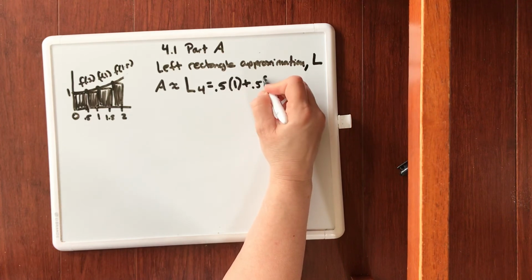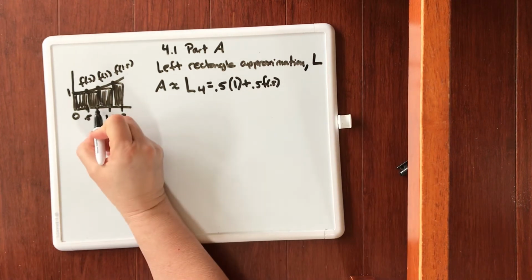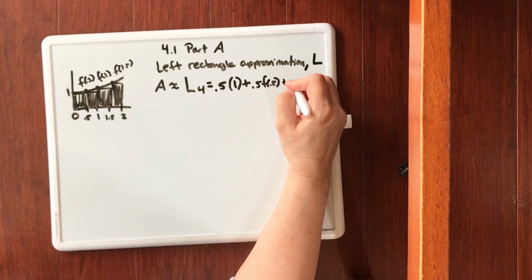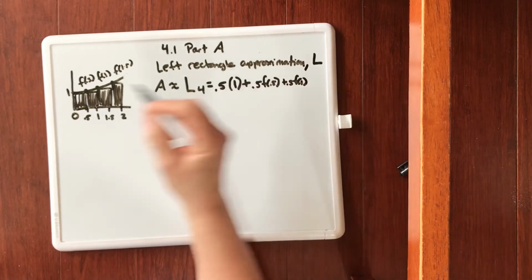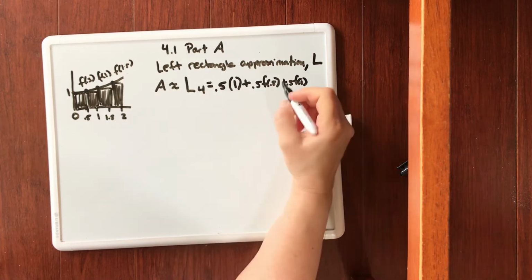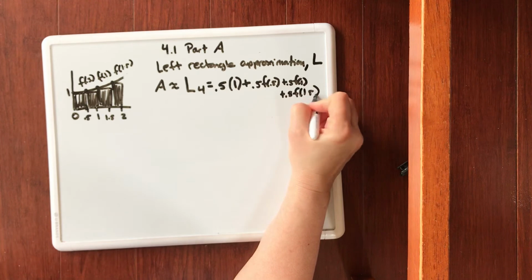Then we do 0.5 again times f of 1. And then our last piece, 0.5 times f of 1.5. Write this down here. F of 1.5.